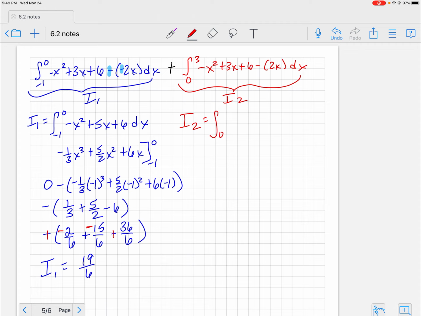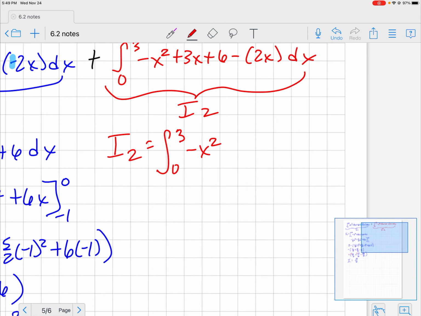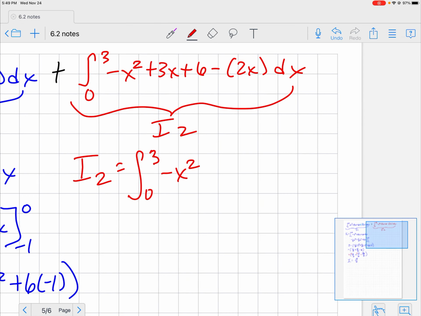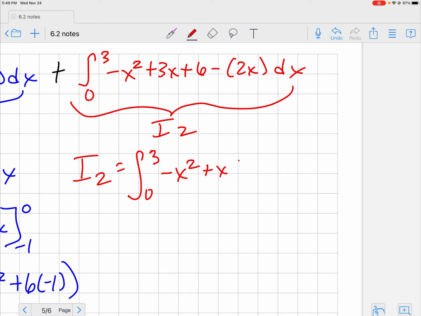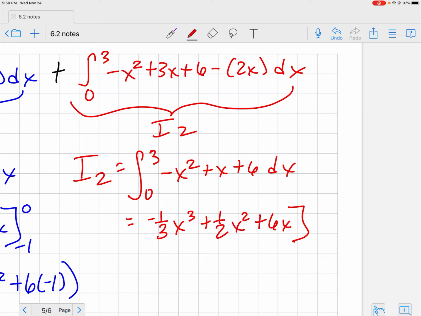Integral 2 here, whenever I combine those like terms, I've got a negative x squared. I'm going to make this bigger over here on this side so it's easier to work with. A negative is going to be a positive x plus 6 dx. Then we integrate that. So I now have a negative 1/3 x cubed plus a 1/2 x squared plus 6x.